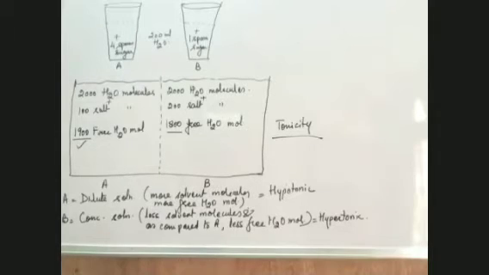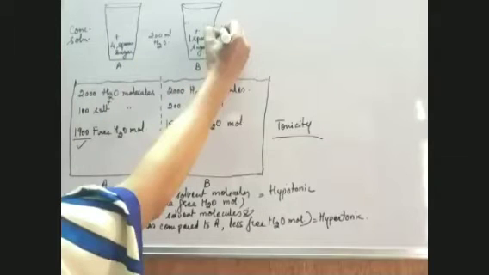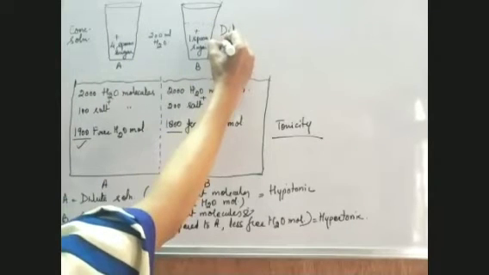So on the basis of this, out of the two tumblers, we will say that tumbler A is having a concentrated solution and tumbler B is having a dilute solution.